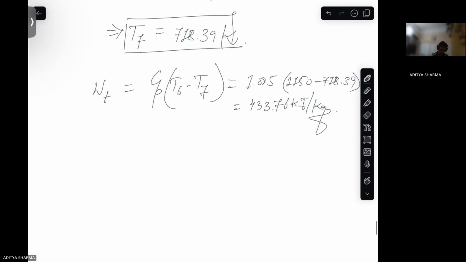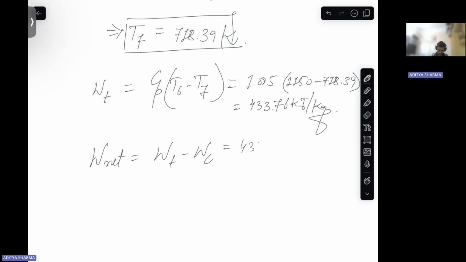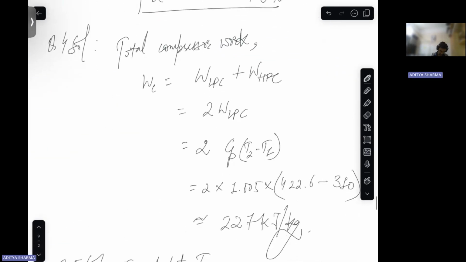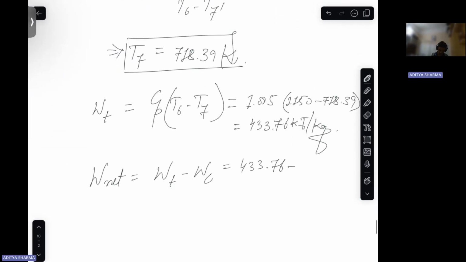Okay. Then W net is work for your turbine minus work for your compressor. 433.76 minus work for your compressor. Work for a compressor is 227.